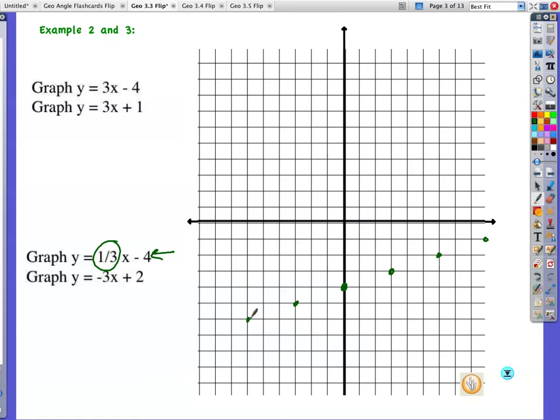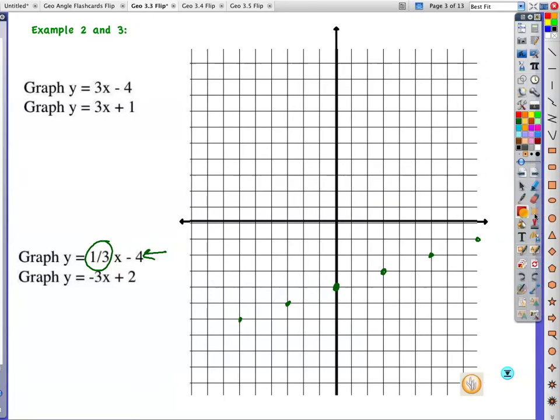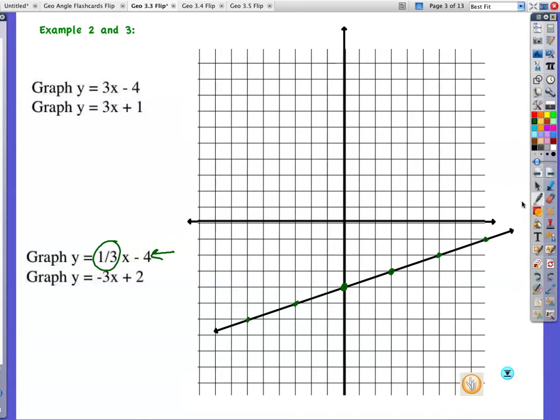It's actually down 1, back 3, -1, -3, which is the same as 1/3. And then I go ahead and make my line. Oh, that was a horrible line. Let me try that again. There, that's better.